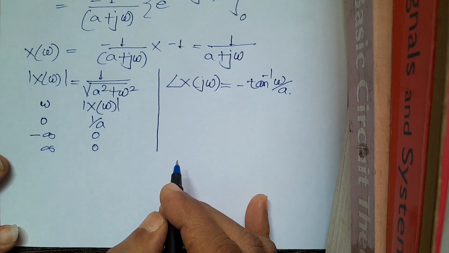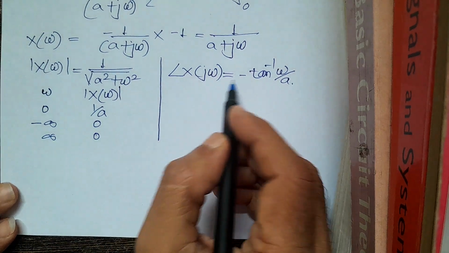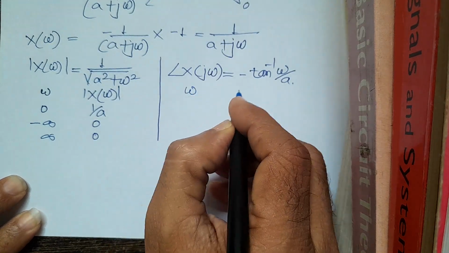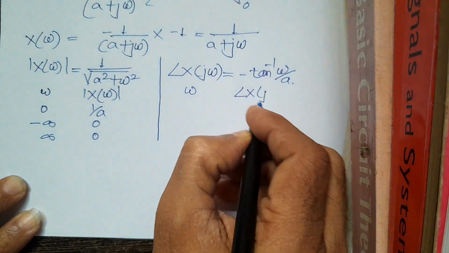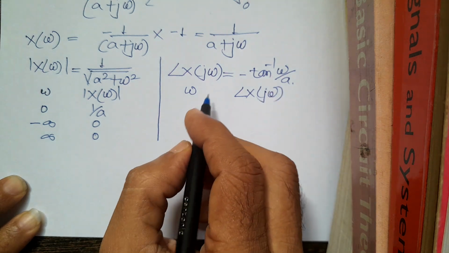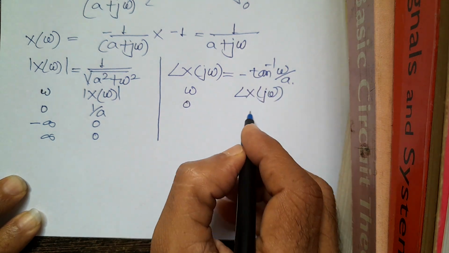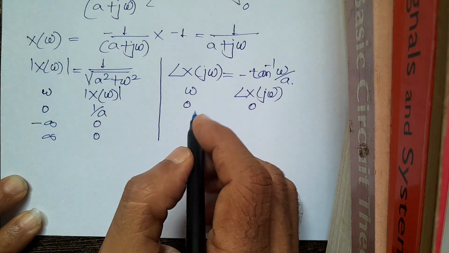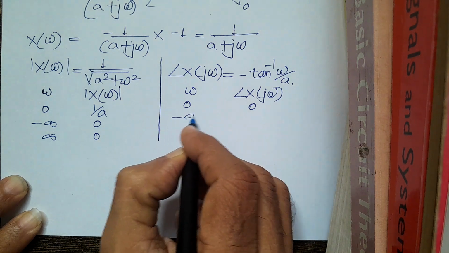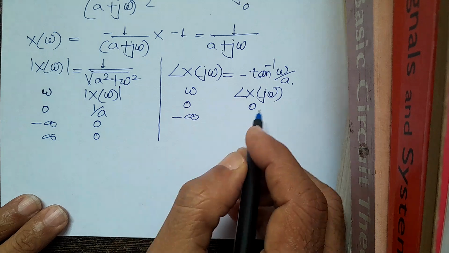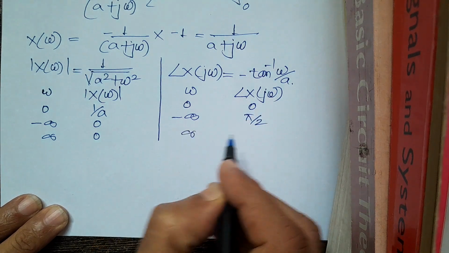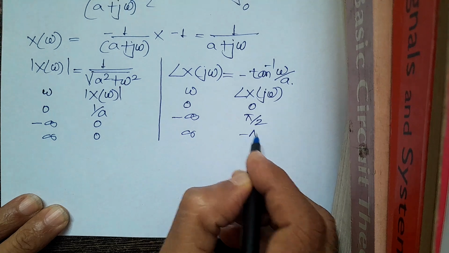Similarly, for the angle of X(j omega): when you put 0, the angle is 0. When you put minus infinity, the angle is pi by 2, and when you put infinity, the angle is minus pi by 2.